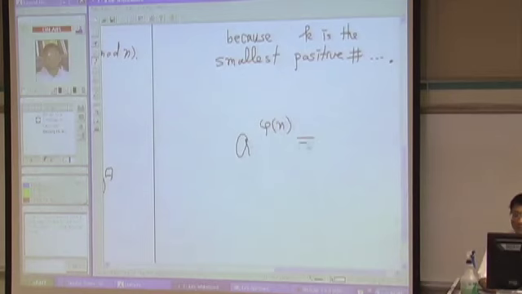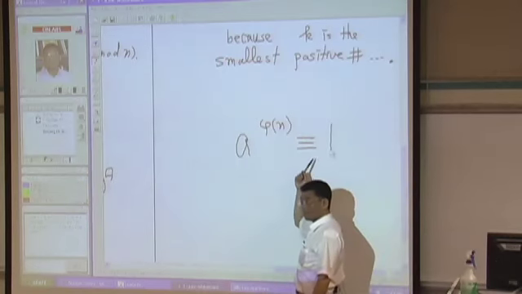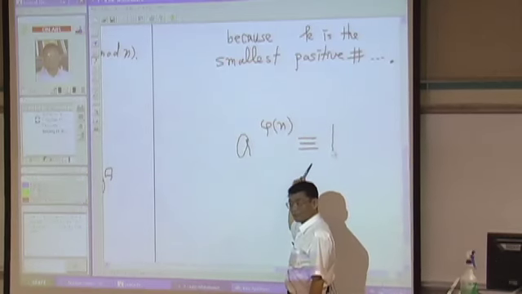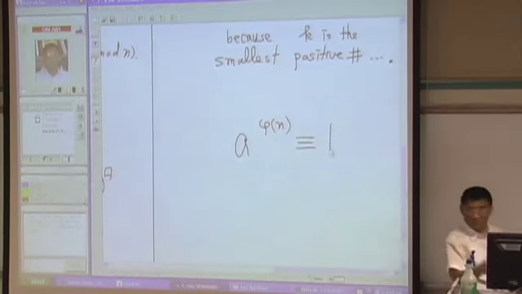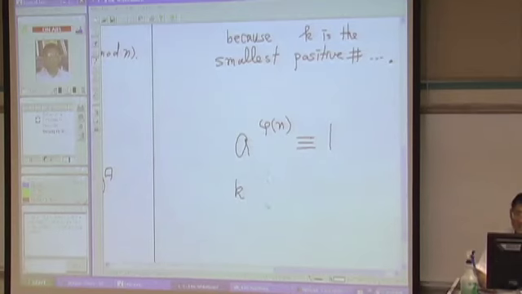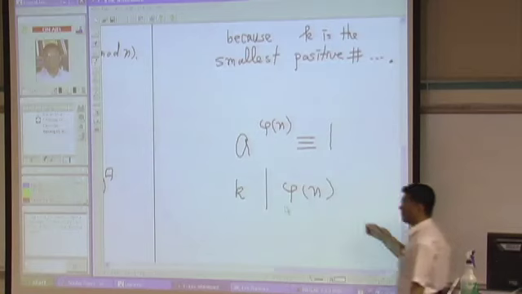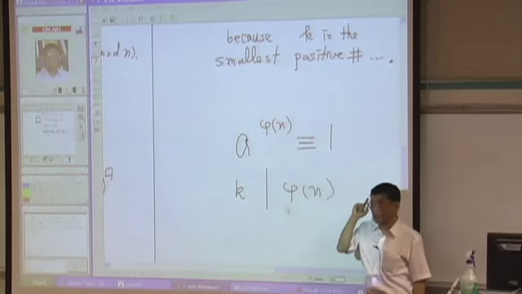A to the power of phi of n is 1, by Euler's theorem, or the generalized Fermat theorem. Because of the previous theorem, the order k must divide phi of n. Order should divide this power, phi of n.